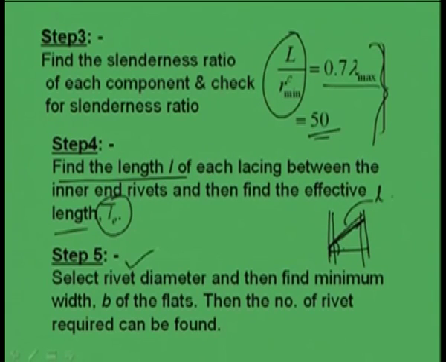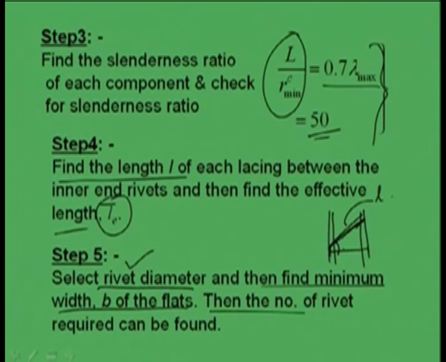Then in the next step 5, we will select some rivet diameter, and accordingly we will find out the width of the lacing, which is given in the codal provision. So, we will find out the minimum width, and then we will adopt some width through which we will go on designing.